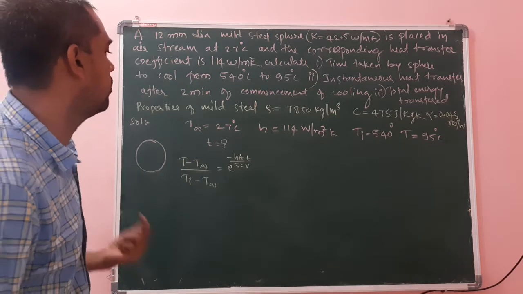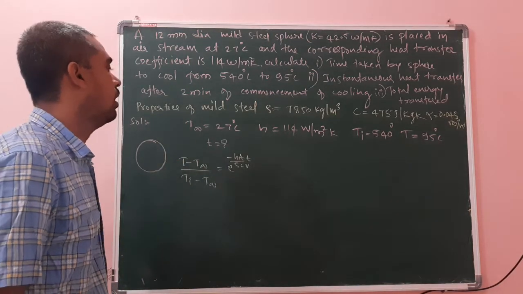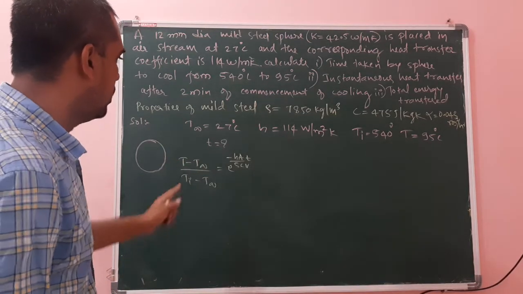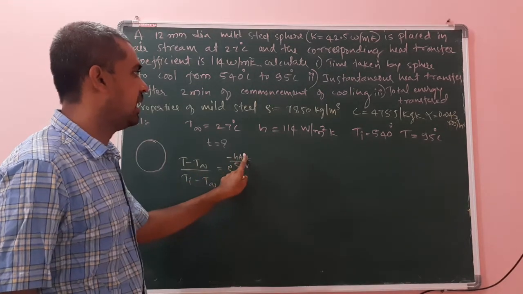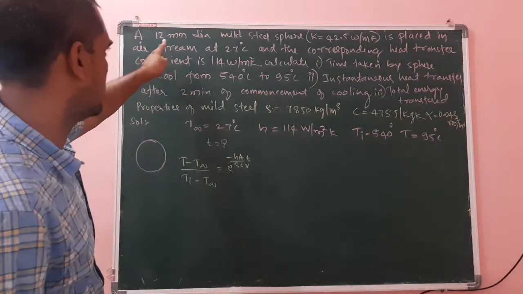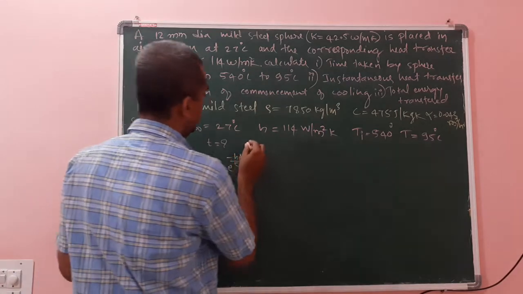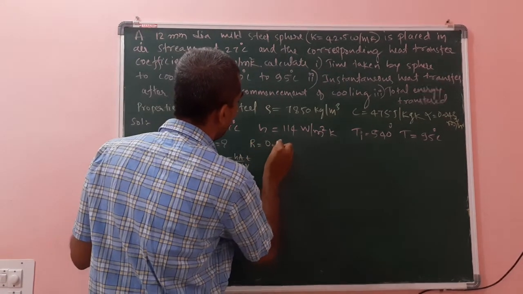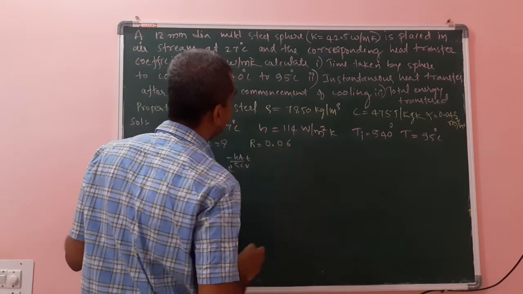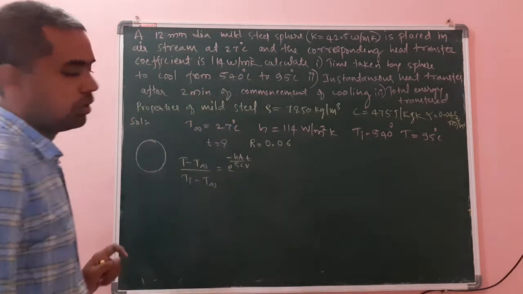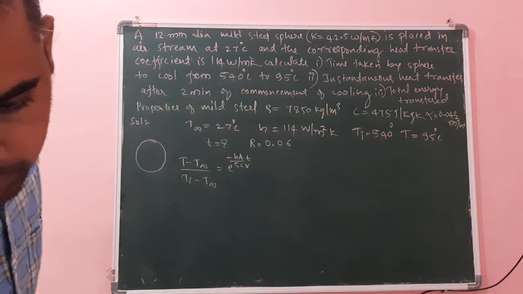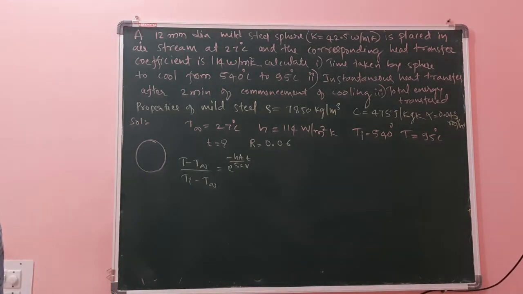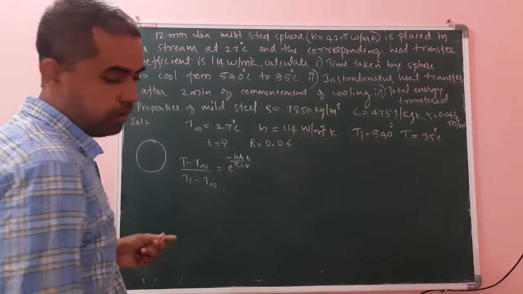Here they have given density, everything they have given. Even if they don't give it, you can refer to it from the data book. Now h you know, area you can calculate for a sphere, you know the radius.